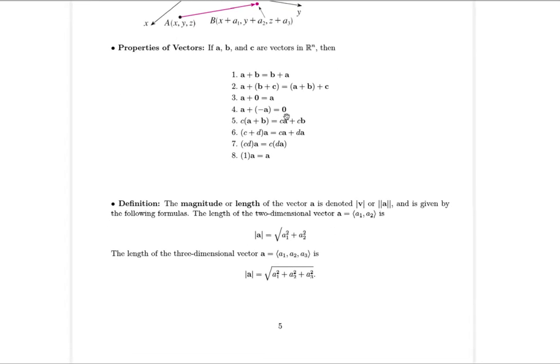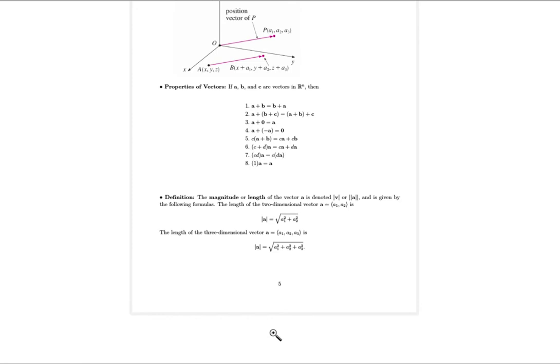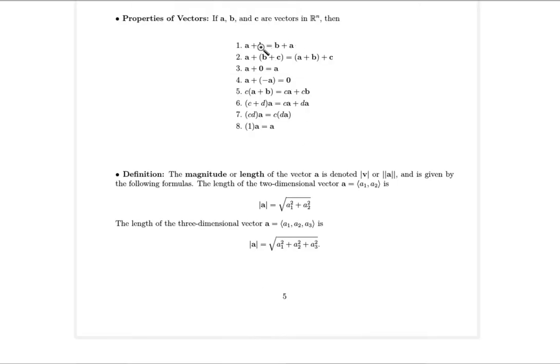All right, now it's also worth pointing out that vector arithmetic has various properties that are very similar to the properties you're familiar with for numbers. So number 1 just says that I can add vectors in either order and get the same answer. Number 2 is the associative property that says if you have a group of 3 vectors to add, you can add the first 2 first or the second 2 first.